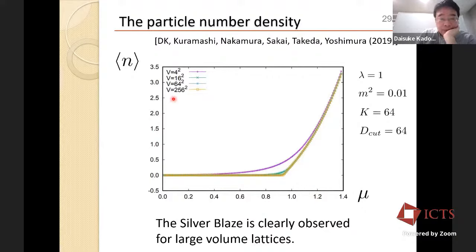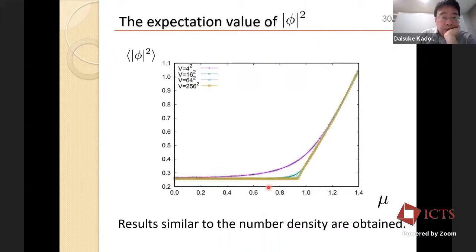For V equal to 256 squared, the Silver Blaze is clearly observed for large volume lattices. And also, for the expectation value of phi squared, results similar to the number density are observed.